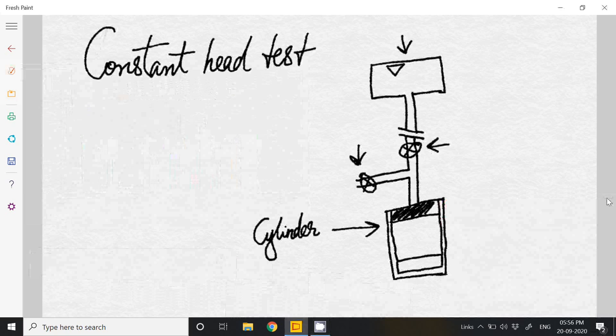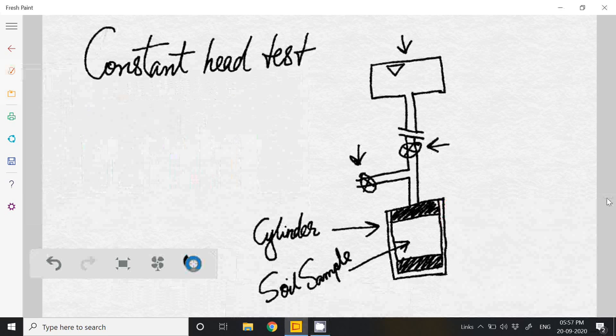So this is the soil sample. The cross sectional area will be defined for the soil sample because the cylinder will be having constant dimensions. Therefore, the cross sectional area of the soil sample will also be same.